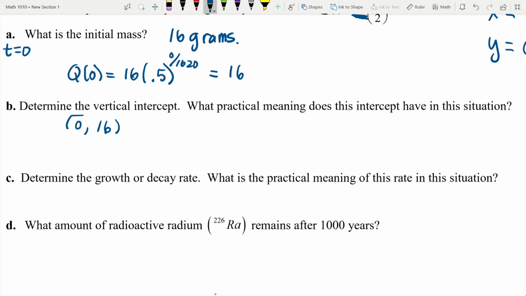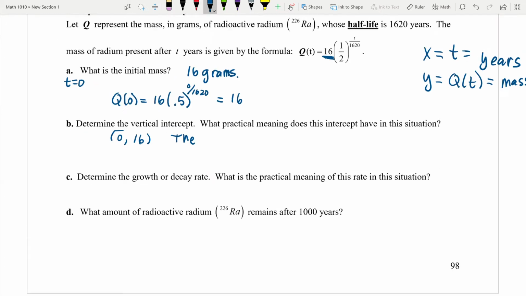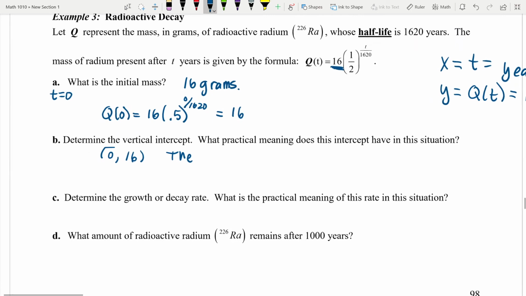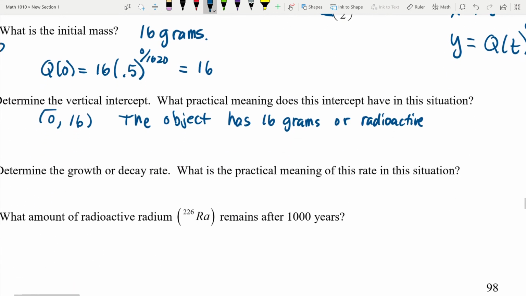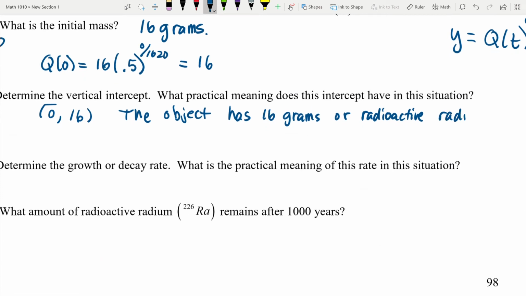Okay, and I'm going to say the object has 16 grams of radioactive radium initially.